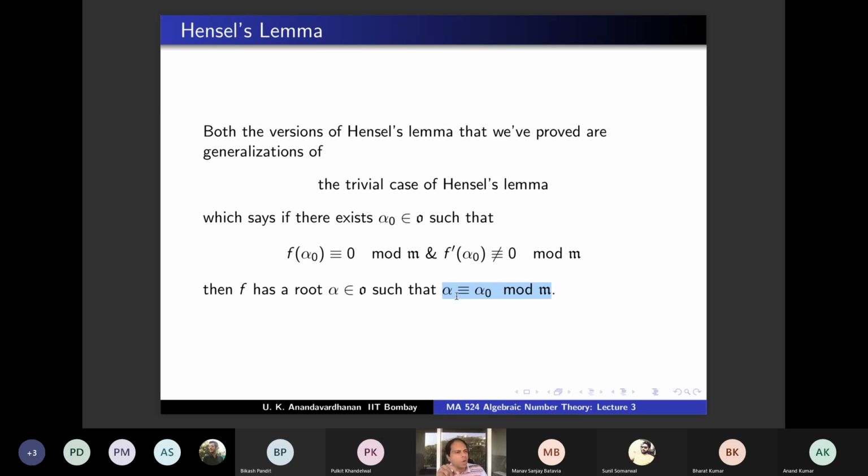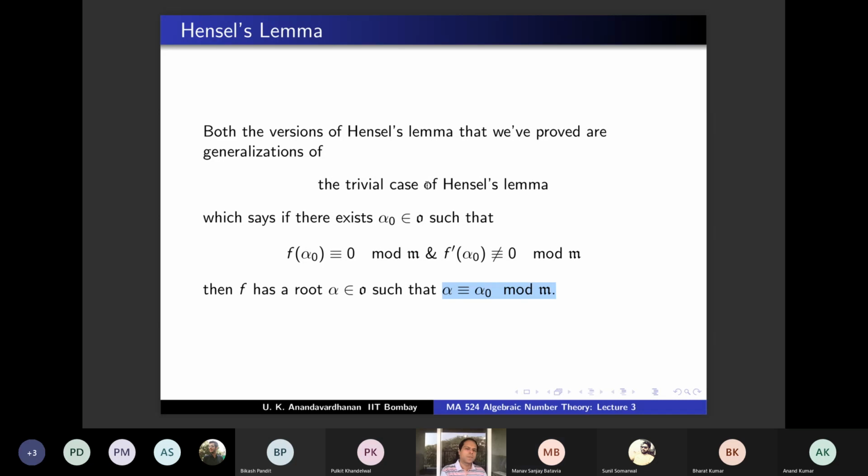Therefore |alpha minus alpha naught| is strictly less than 1, which means alpha minus alpha naught belongs to M, which means alpha is congruent to alpha naught mod M. No confusion, Manav. I am deducing this statement from today's Hensel's lemma, and I am also deducing it from last class's Hensel's lemma. Yes, it's fine. I got it.